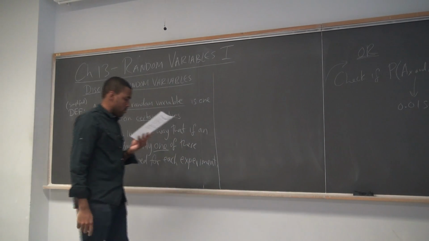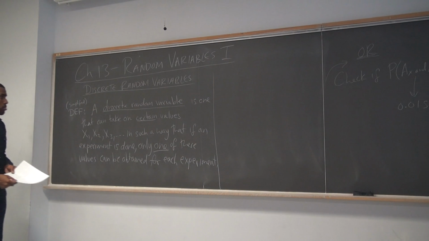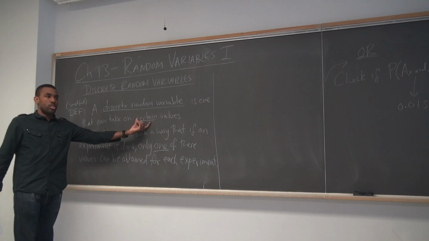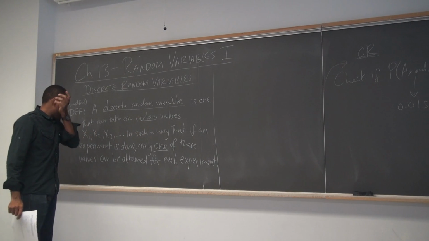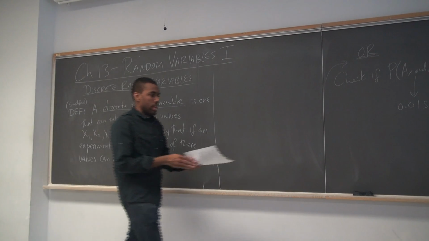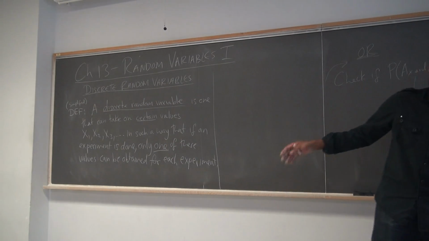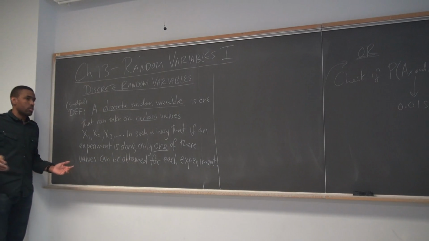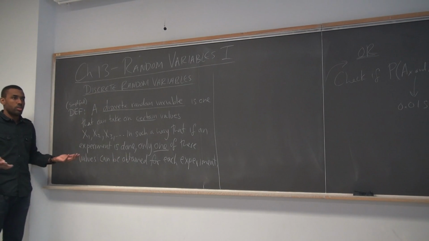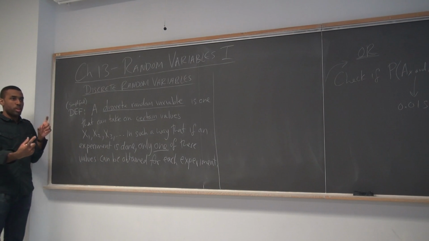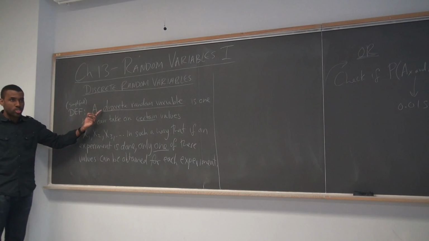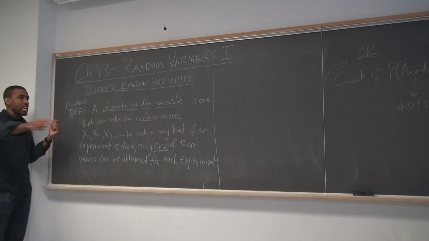So we sort of spoke about it in terms of probability. But discrete in general means you can only take on certain values in a range. If you take the interval of 0 to 5, for example, and ask what is a discrete variable on this interval, well, the integers are an example, because integers can only pick certain values from that range: 0, 1, 2, 3, 4, etc. A real number would not be a discrete variable, because a real number can take on any value in that interval.